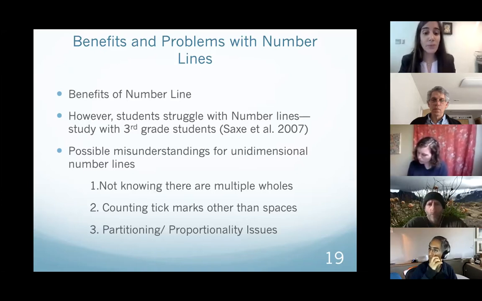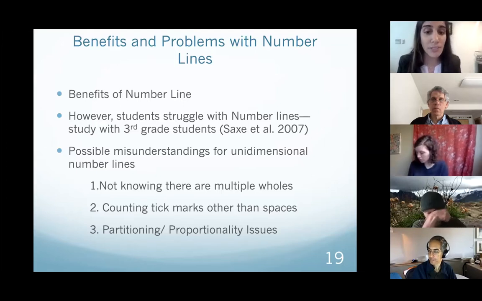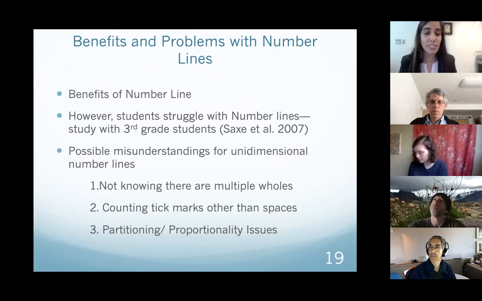The other main problem is that on the unidimensional number line, if there are tick marks, to find the position, students sometimes count the tick marks rather than the spaces. The other issue is that many times they're not familiar with the fact that they have to divide the number line into equal parts, so proportionality becomes an issue. So this is for the unidimensional number line.